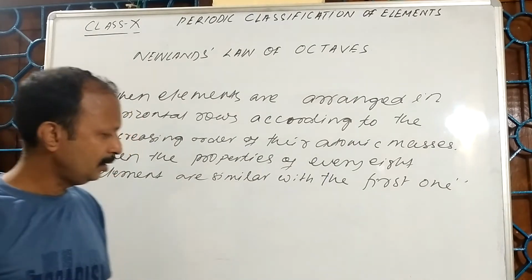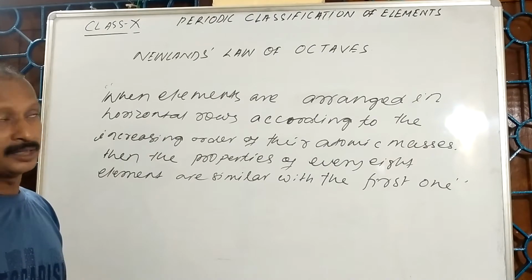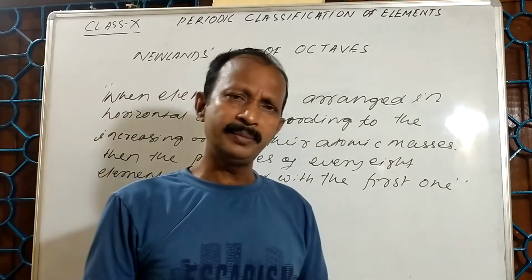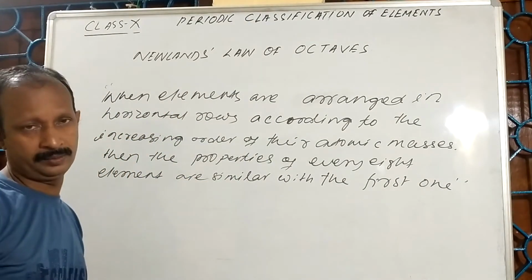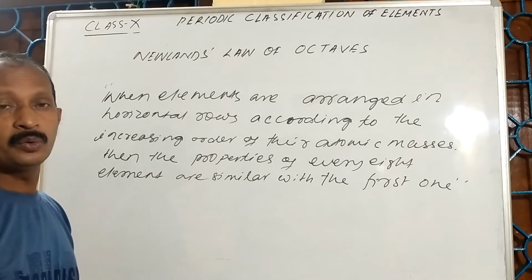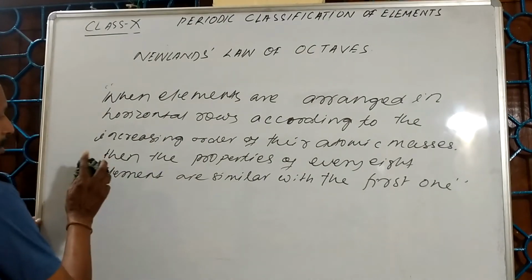So let us see how he arranged the elements. I said that when Newlands arranged the elements, 56 elements were discovered and he arranged these elements according to increasing order of their atomic masses. See here.